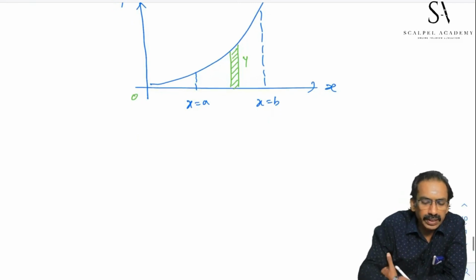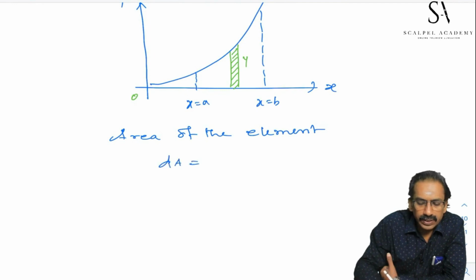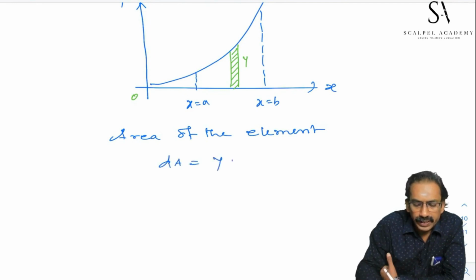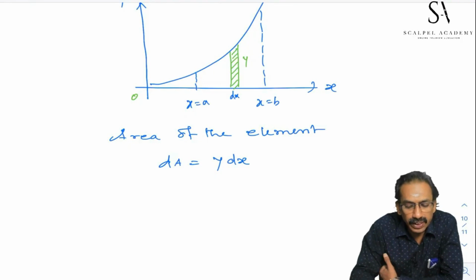Then area of the element: dA is equal to y into dx. Y is the height of the element. Dx is the thickness of the element.